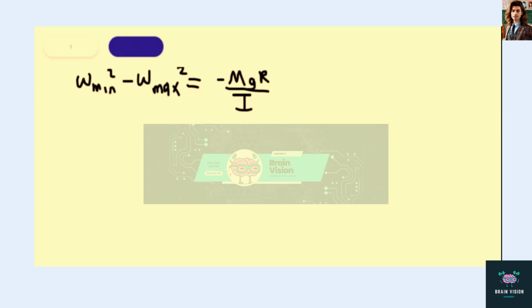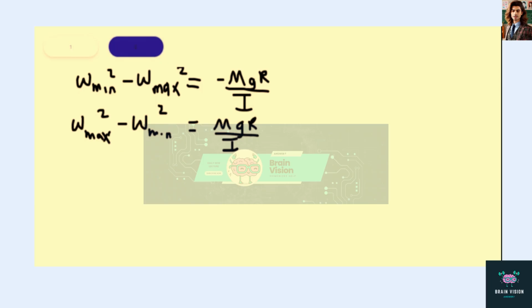So omega max squared minus omega min squared would be mgr over I. All I did was multiply by negative 1 on both sides.